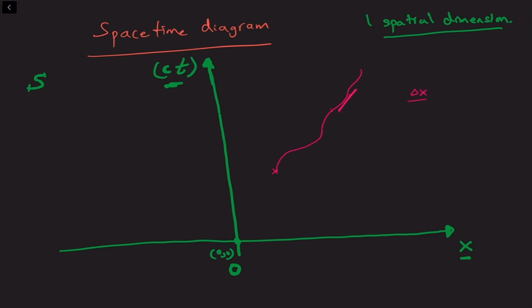So the slope is delta x over c delta t. And this locus of points gives me what we call the world line of a particle.